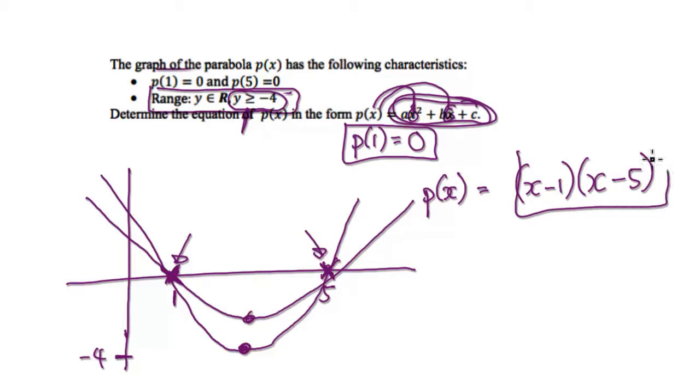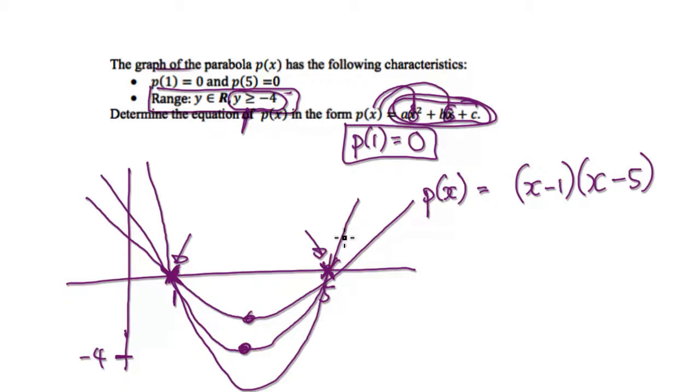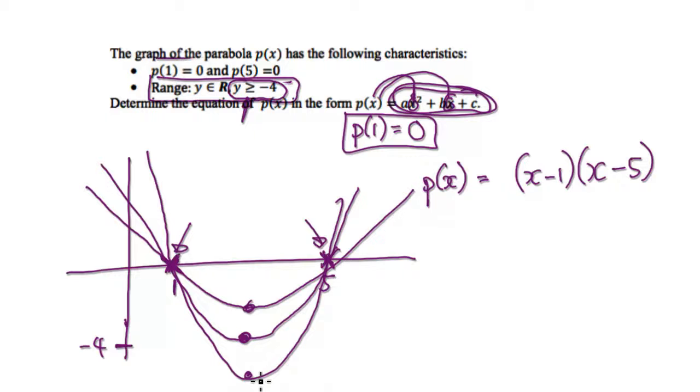Or this could give us a really steep one, where the vertex is beyond -4. We need to be able to adjust how steep it is. By introducing this a, we can find a value of a in such a way that the vertex just touches -4.